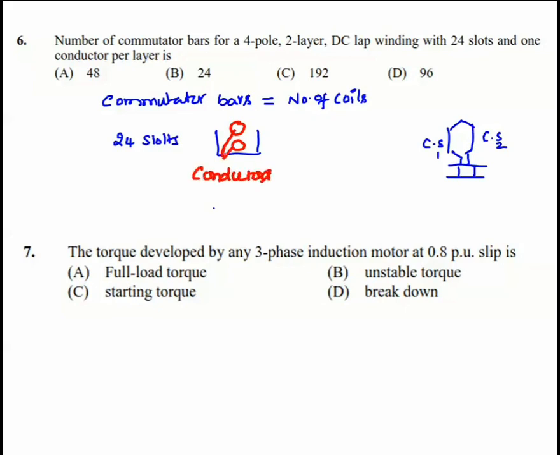These 2 conductors will make one coil. That means 24 slots will make 24 coils. That's nothing but 24 commutator bars or segments. And the solution for this problem is B.